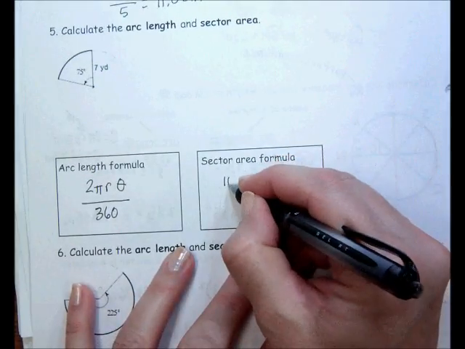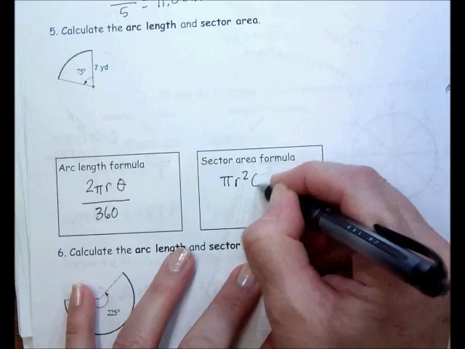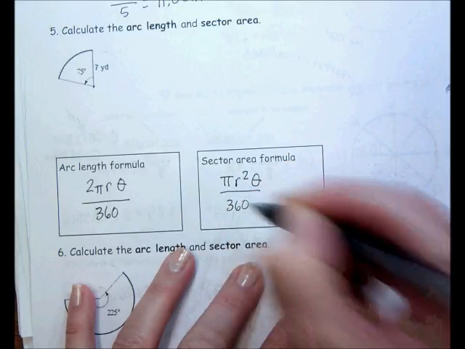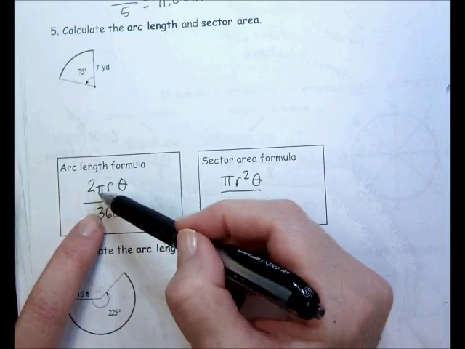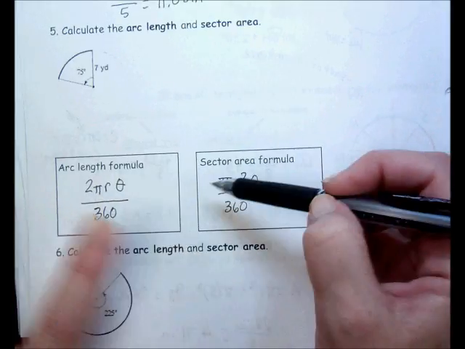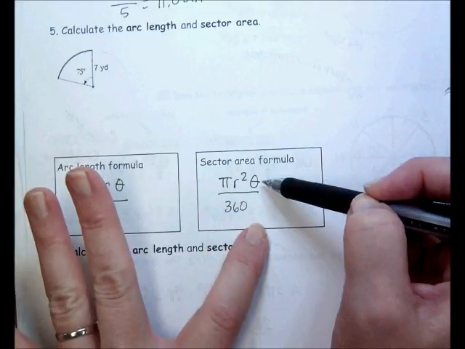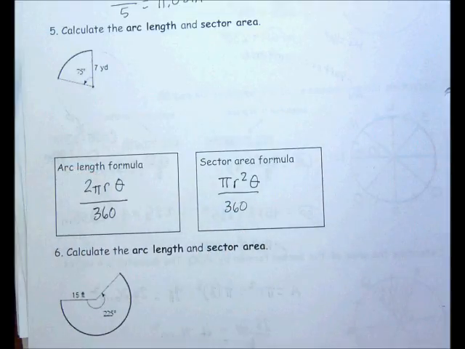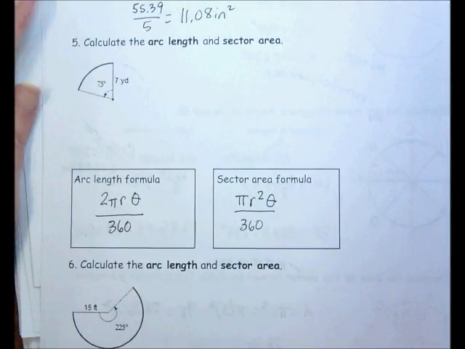And then the sector area is pi r squared theta divided by 360. So basically it's the circumference formula times the part of the whole circle, and the area formula times the part of the whole circle. So let's use these formulas.